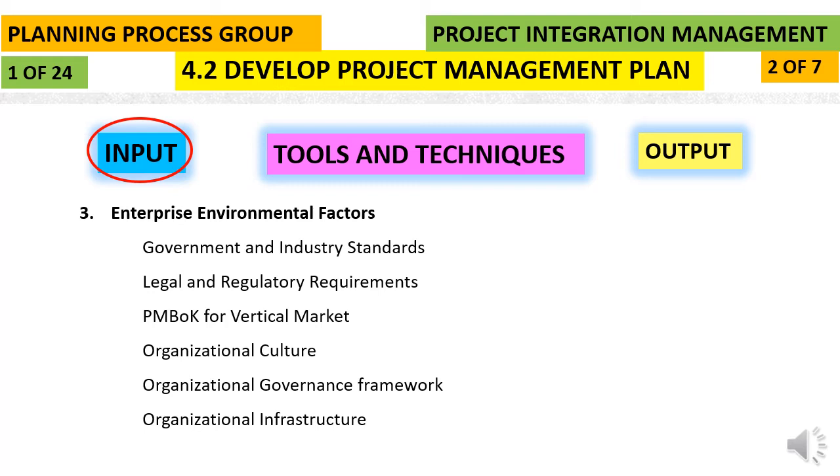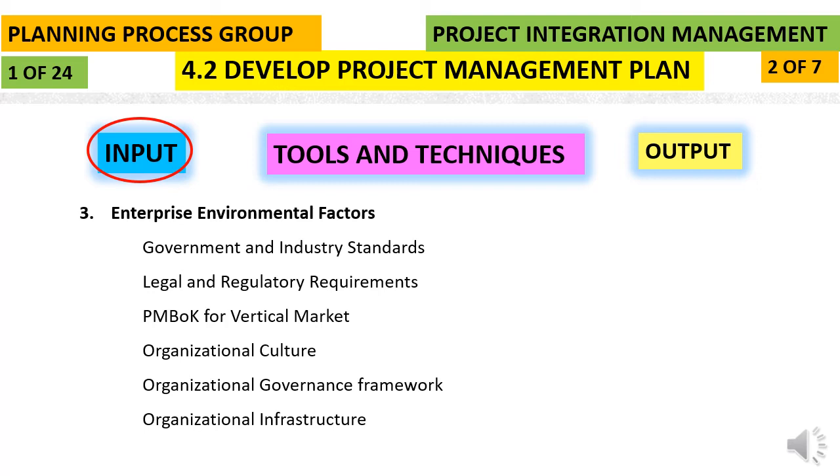The third one is enterprise environmental factors, which can influence the project management plan development process. As we had seen earlier, the environmental factors are the legal and regulatory requirements, then basically a PMBOK for a vertical market. That means for construction, it could be different guidelines.